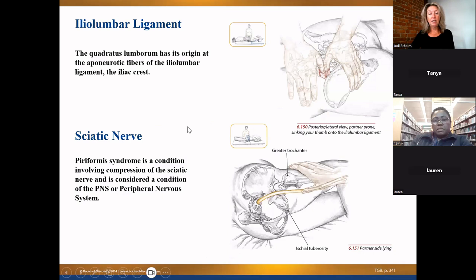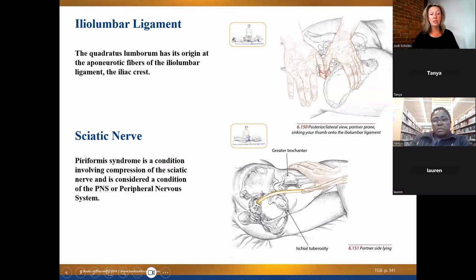Oh, didn't I get detailed here? All right. So feel free to, again, take a look at this. You will want to know about the sciatic nerve. Piriformis syndrome is a condition involving the compression of the sciatic nerve. So just know the path of that sciatic nerve. And this is the pain that goes down the leg.